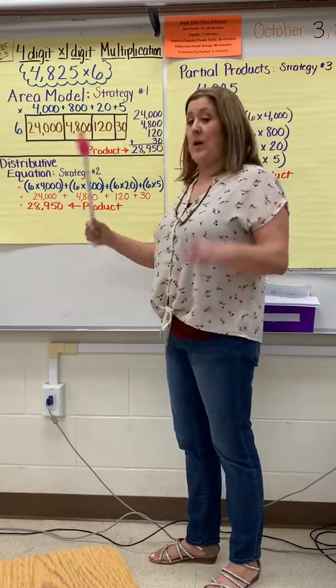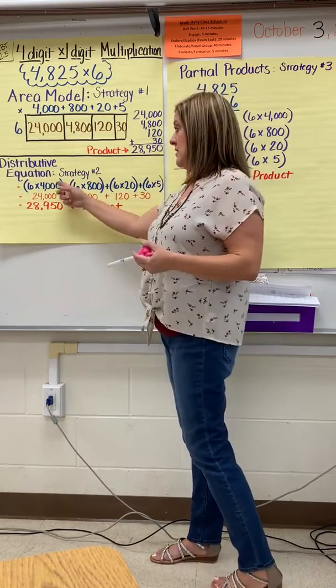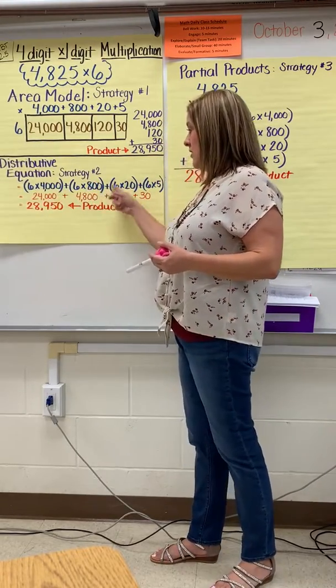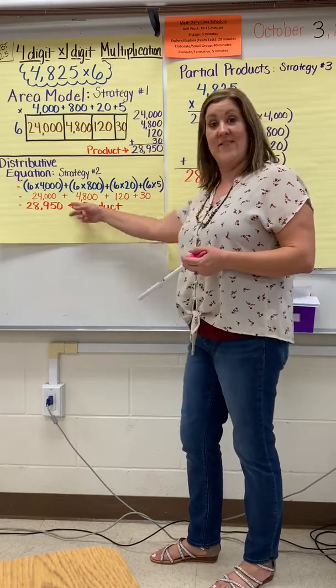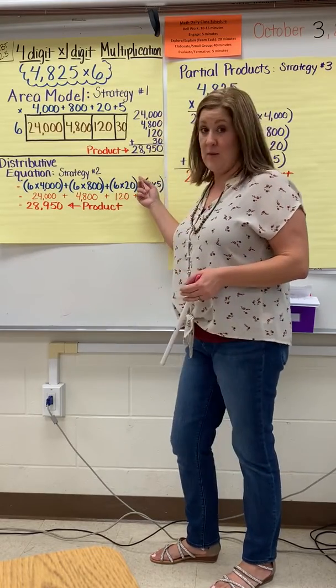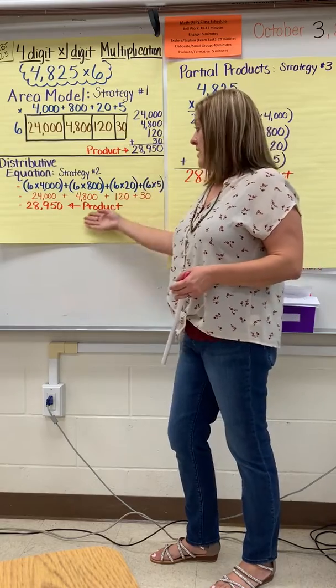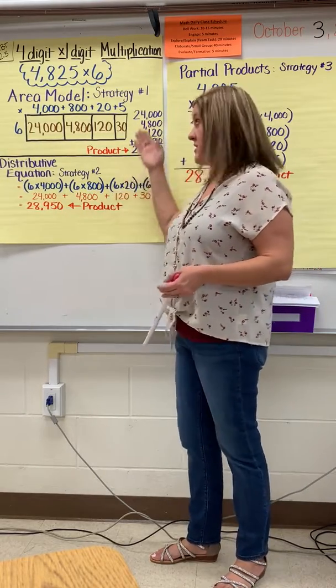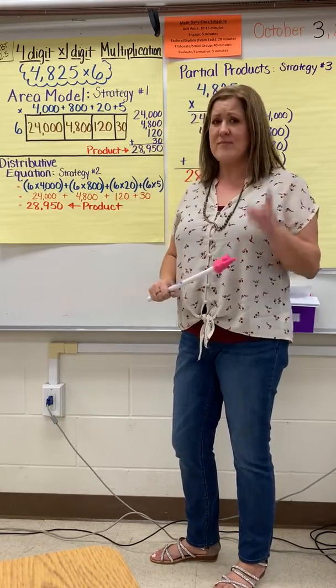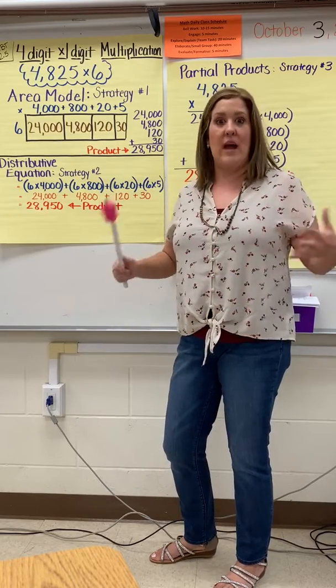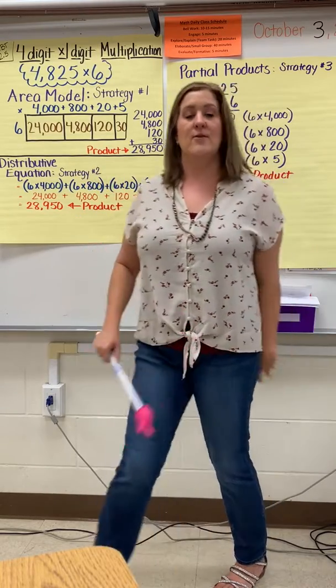And then they know that within each parentheses, they're going to solve, solve, solve, solve, and then add them together, just like we did up here, okay? You're going to get the same product since we use the same equation. I'll talk to you in a minute about why I'm teaching them all these different ways, okay?